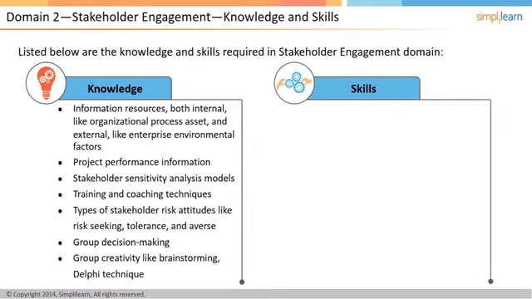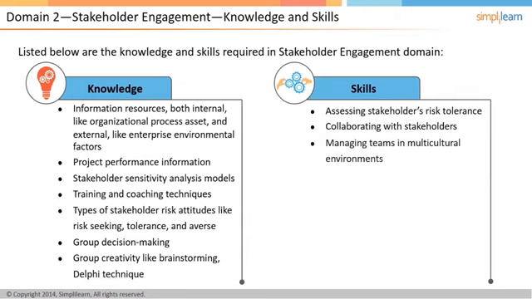The skills required for achieving stakeholder engagement are: the project manager should use assessment of stakeholders' risk tolerance, collaboration with stakeholders, understanding and managing teams in multicultural environments, and influencing the changes for better prospects.